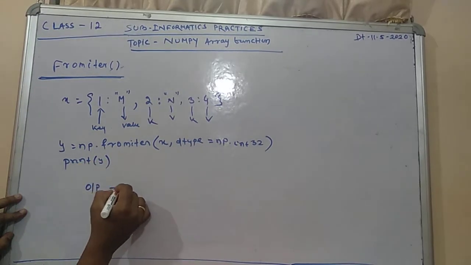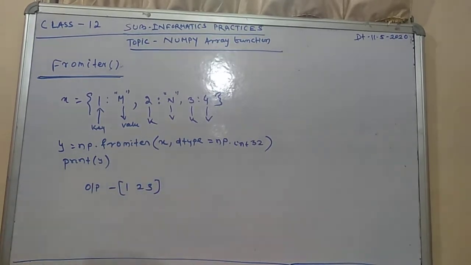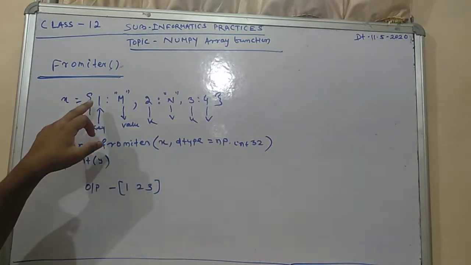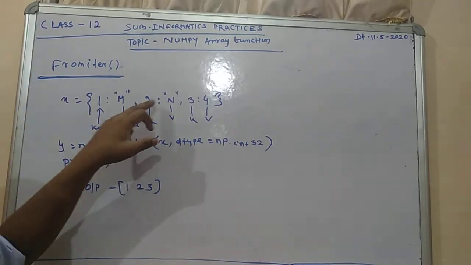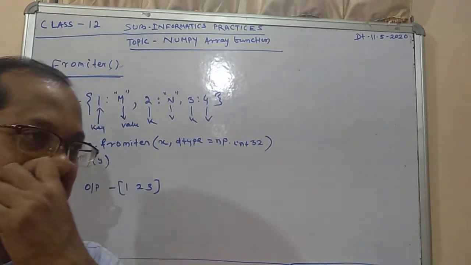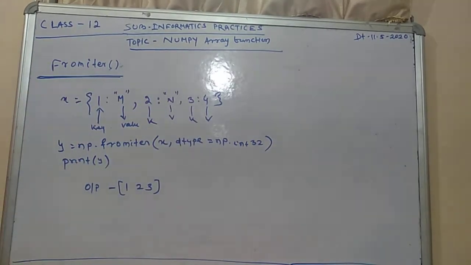Output will be 1, 2, 3. As we have taken int32, the integral part will come: 1, 2, and 3. The key values will come in the array. If key is taken as string, then no output will be given because we have already taken integral type as the data type.